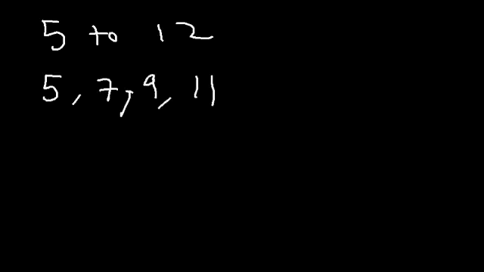Those are the odd integers, and they're listed consecutively. And 12 is not odd, so it's not included. If it was exclusive, that means it doesn't include 5 or 12. So exclusive would be 7, 9, and 11. If you want to find all of the odd integers between 5 and 12 exclusive, not including 5 and 12, it's 7, 9, and 11.